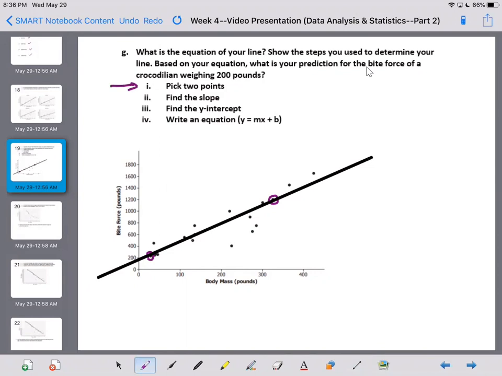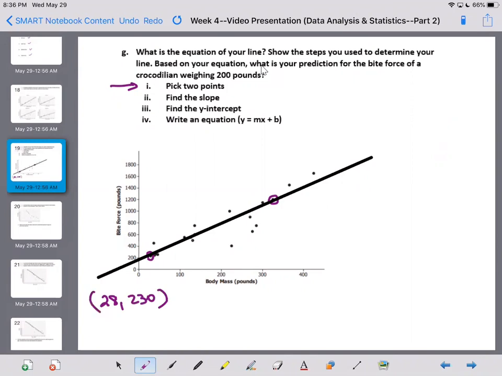Now we look at the body mass that represents that. I would say maybe 28 and 230 would be an ordered pair that could go through.